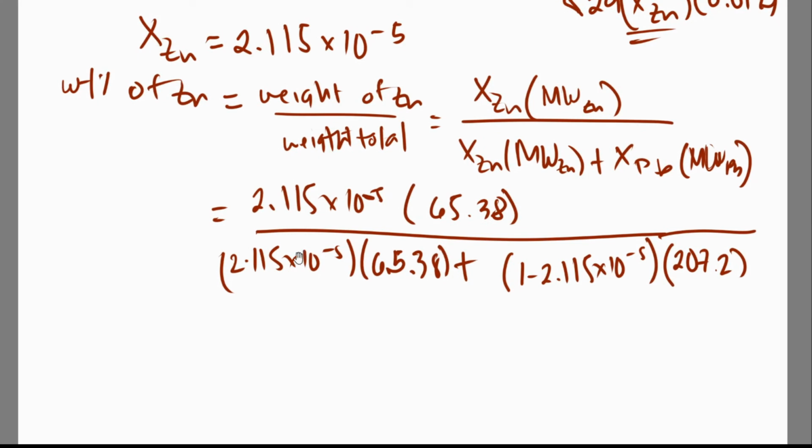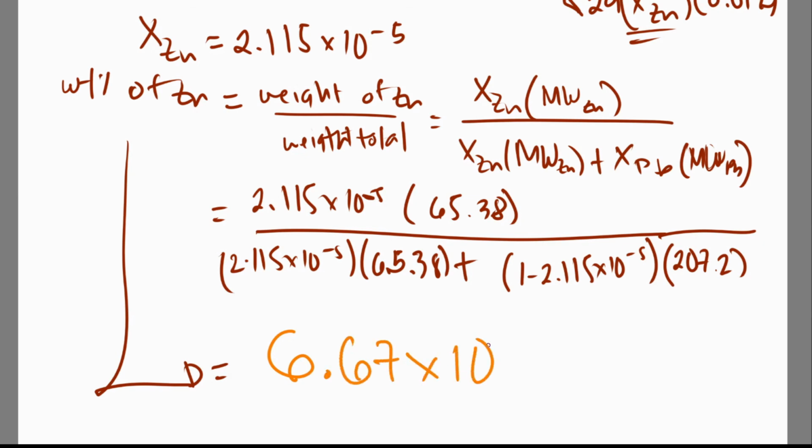Solving for this, the weight percent of zinc is equal to 6.67 times 10 to the negative 4. So this is the weight percent of zinc that we can achieve, or the zinc content of lead can be lowered to 6.67 times 10 to the negative 4 weight percent.